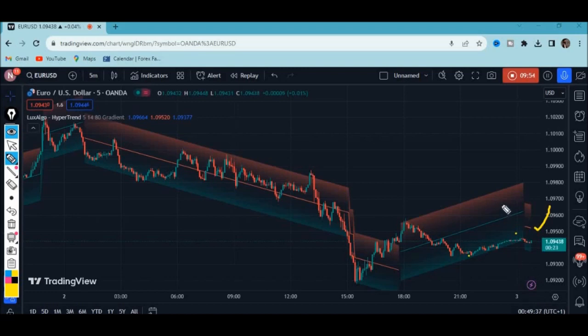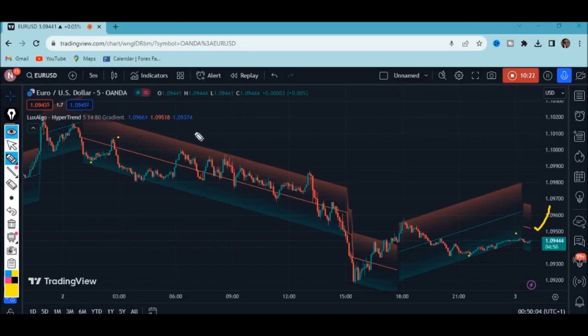Whenever you are using this indicator, don't ignore these lines over here. What you're supposed to pay attention to is, for instance, you are on your support level over here. Price came and broke above your red line over here. So wait to see where candlesticks are actually closing. And remember, you're not supposed to take your trades when you see the first candlestick closing above.